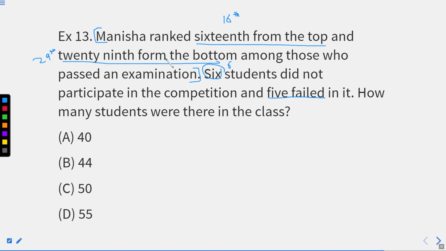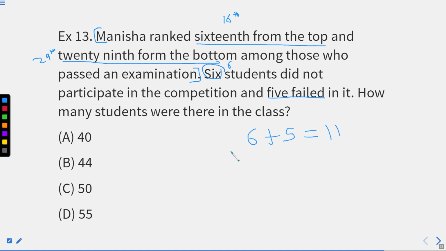The first one is related to the students who clear the exam. The second situation is related to the students who didn't appear in the exam. The third situation is about those who failed the exam. So, those who didn't appear is 6, those who failed are 5. So, we have 11 students along with the number of students passed.